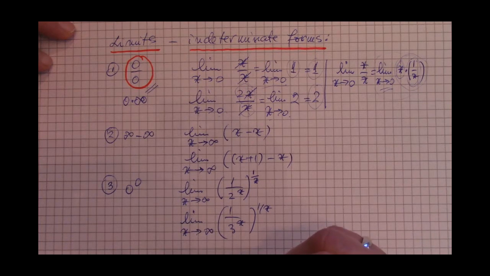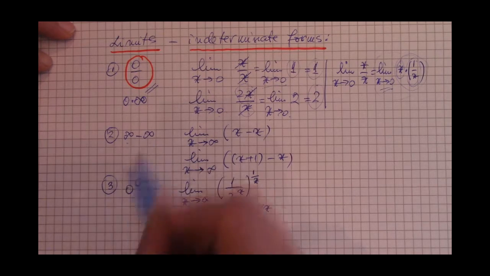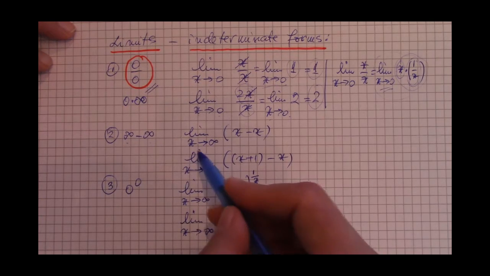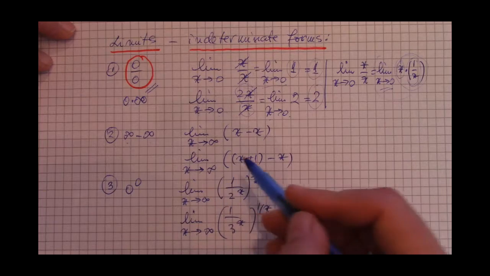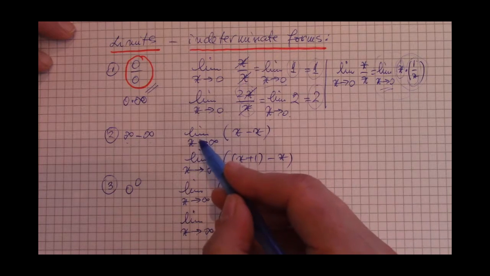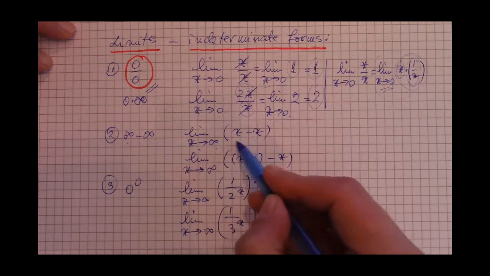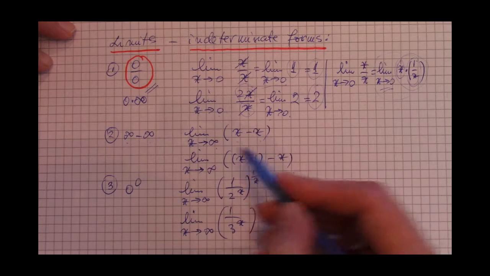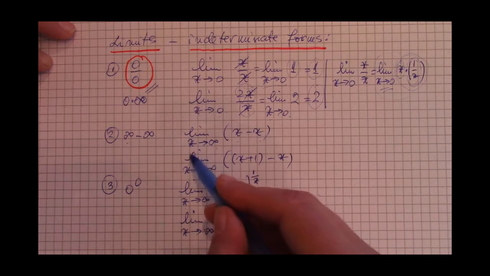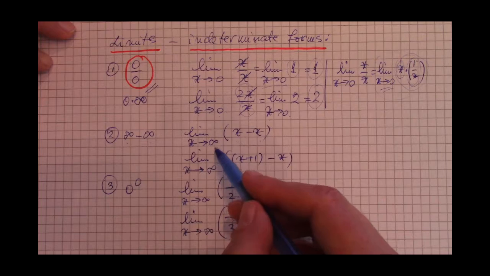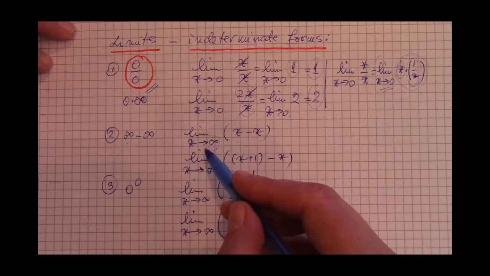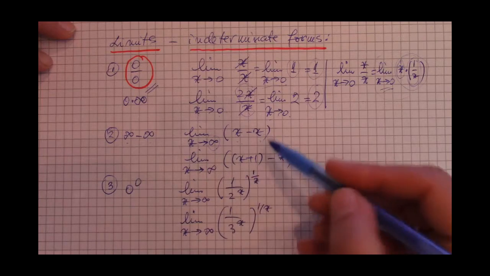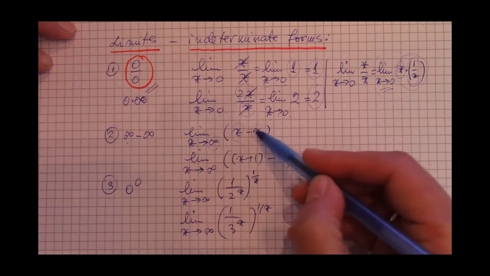Now how about infinity minus infinity? Let's look again at a very simple limit: the limit when x approaches infinity of x minus x. If you try to replace x by infinity, even though for now infinity is a symbol and not a number, so it's hard to replace it in here, we would get infinity minus infinity.